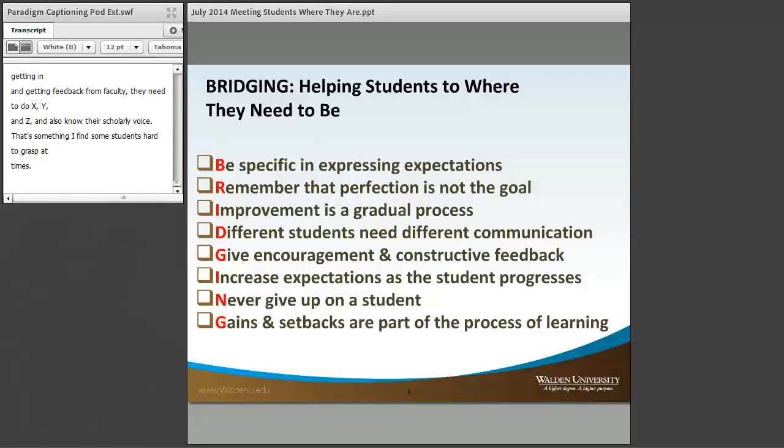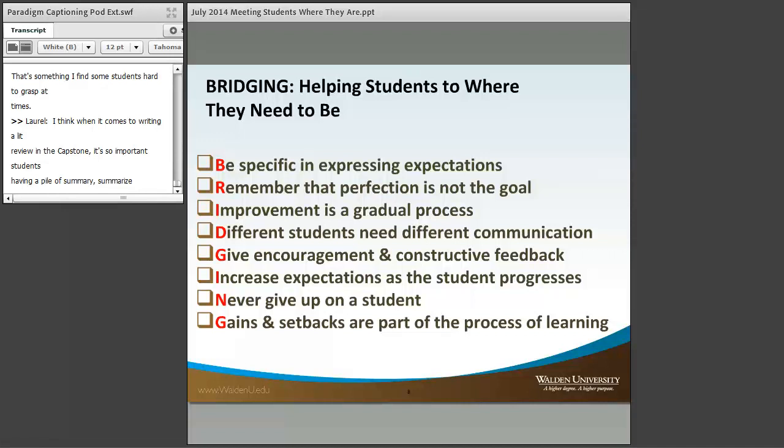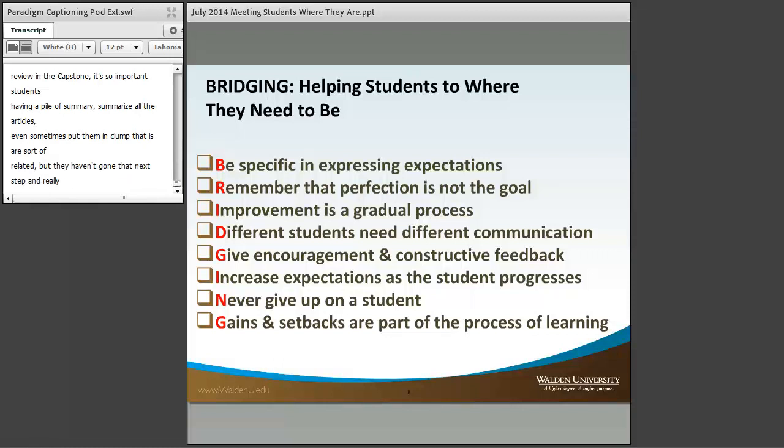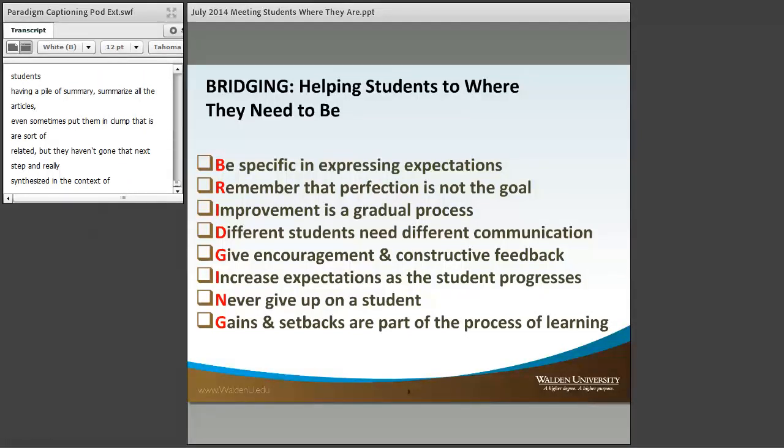Well, I think, especially when it comes to writing the lit review in a capstone, it's so important that students go through the stage of having a pile of summary, which seems to be what happens first. They'll summarize all the articles. They'll even sometimes put them in clumps that are sort of related, but they haven't gone that next step and really synthesized in the context of their academic investigation. And so what they'll see as a setback is actually just a natural progression.